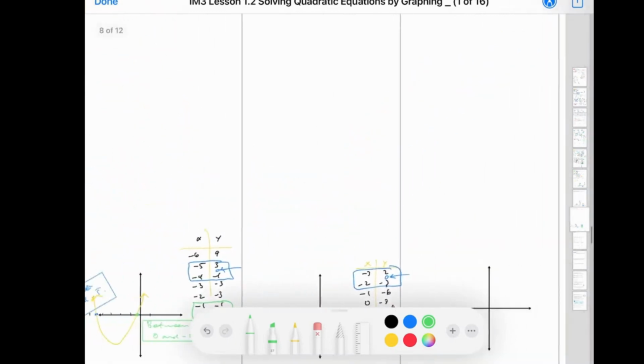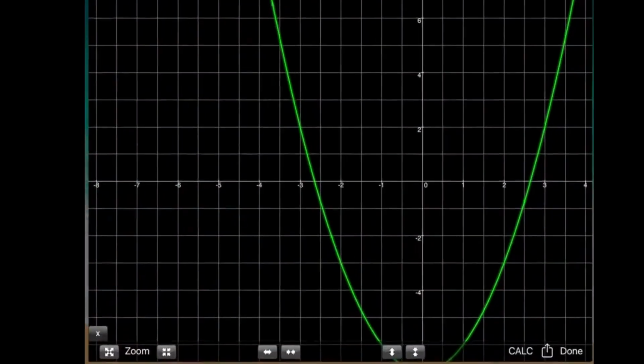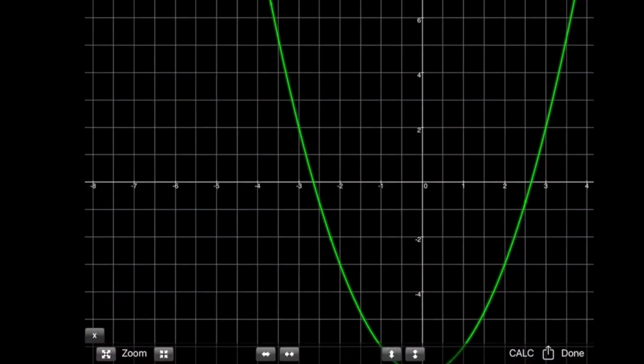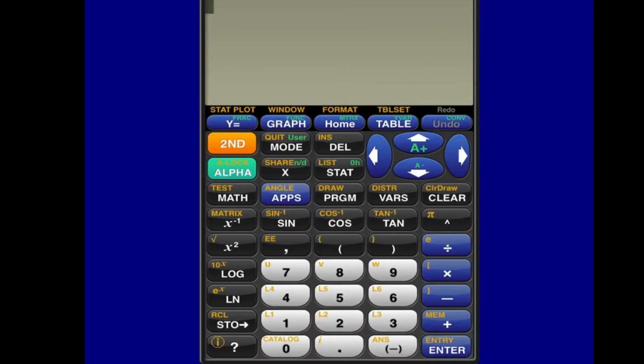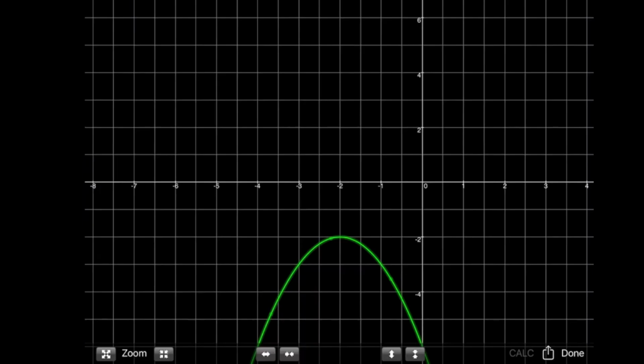And the last one for this set, let's put number 23 in. Negative x squared minus 4x minus 6. Let's graph it. Uh-oh. Okay, question.